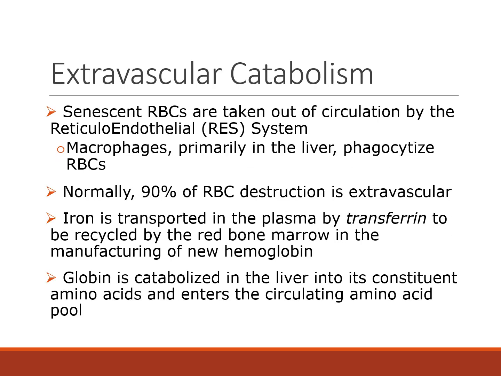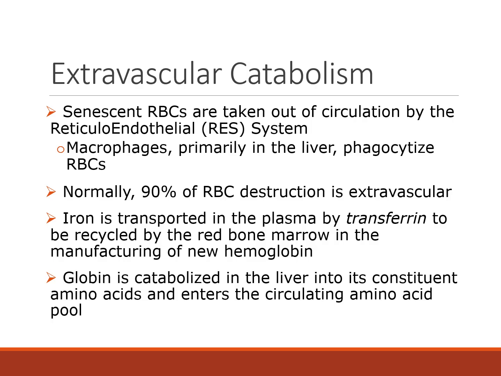So, reviewing that senescent RBC process, those are taken out of circulation by the reticular endothelial system via extravascular catabolism. Macrophages, primarily in the spleen, some in the liver, phagocytize those red blood cells.